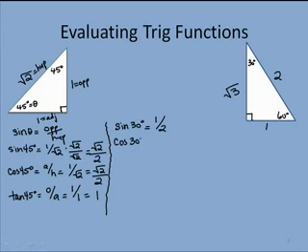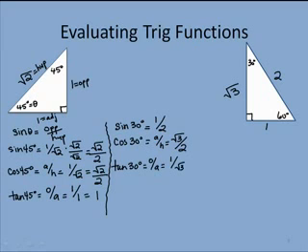Cosine of 30 degrees. Cosine is adjacent over hypotenuse. Our adjacent side is the square root of 3, and our hypotenuse is 2. The tangent of 30 degrees. Remember, tangent equals opposite over adjacent. So opposite, we have 1, and adjacent, square root of 3.